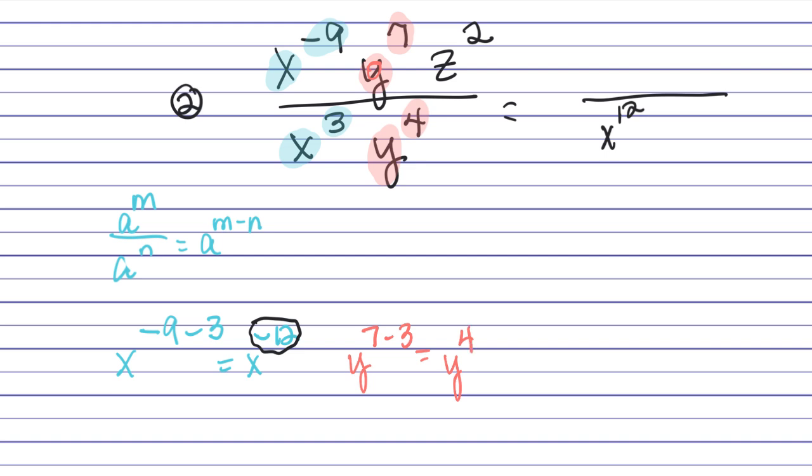Well, this time it's positive. Since it's positive, it's just going to stay in the numerator. So I'm going to leave my y to the 4th in my numerator. I don't have to lift any negatives and write it as 1 over anything. So I'm good. Yay.